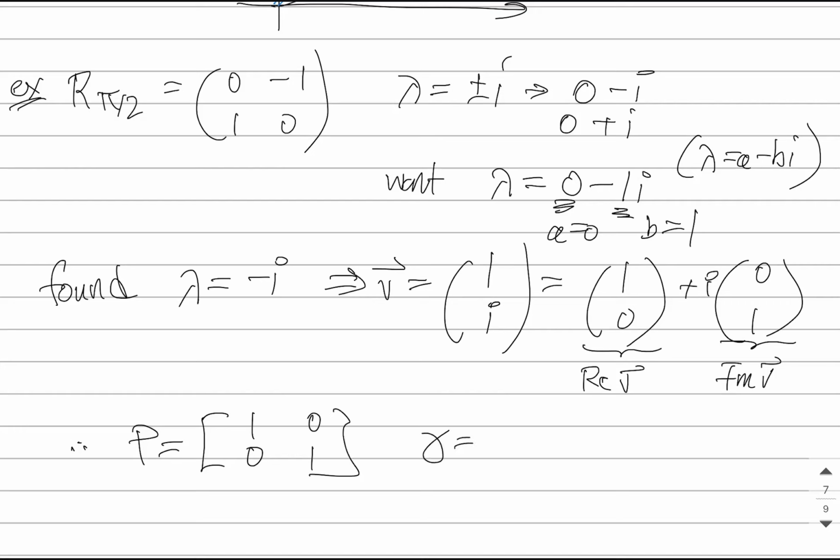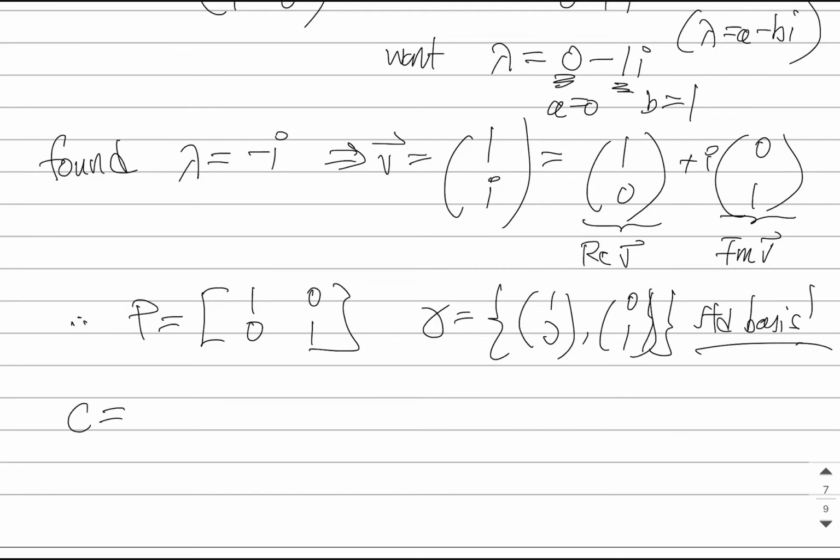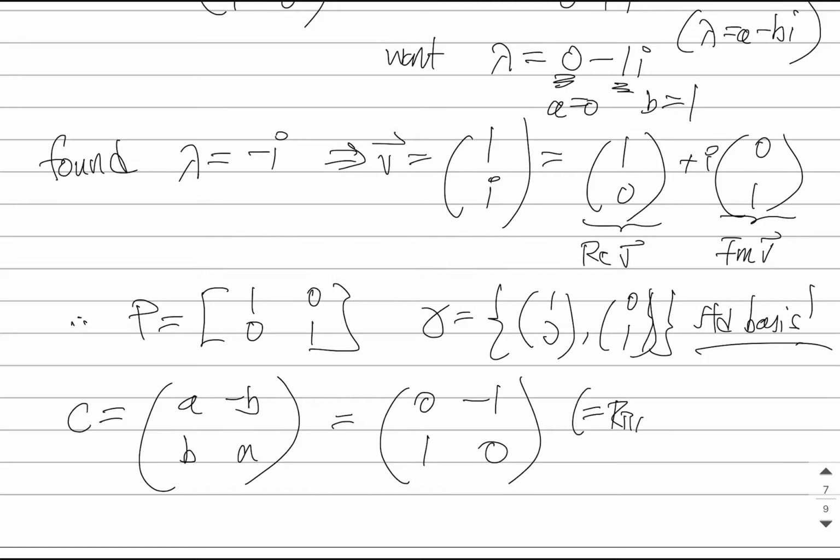The gamma basis is just the standard basis. The matrix C is A, negative B, B, A. Well, in our case, A is 0, B is 1, so it is just equal to R times the rotation by pi over 2. It's already the same thing.